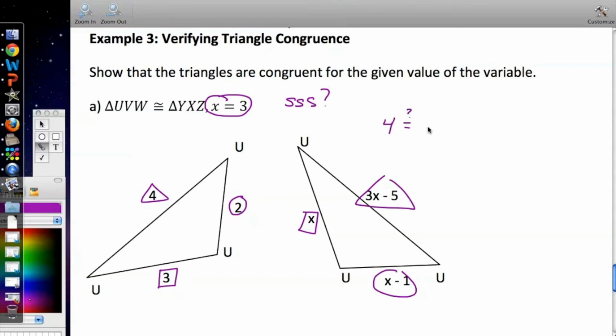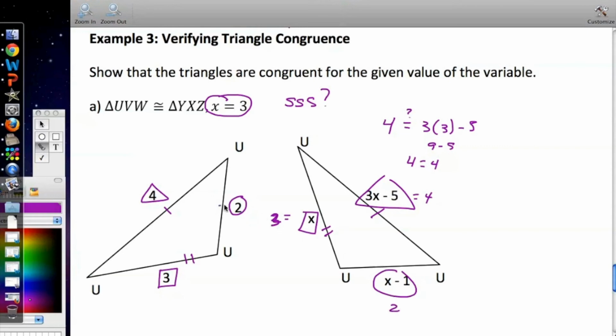Okay? So, I'm going to put 4, a question mark. Is it equal to 3 times 3 minus 5? Well, it's 9 minus 5. 4 equals 4. So what I can do is I can mark this with 1 tick mark, because I tested this side. It's equal to 4. Now, if this is x, then x is going to be 3. Does 3 go with 3? Yes. So I can mark this side congruent to this side, and x minus 1 would be equal to 2.